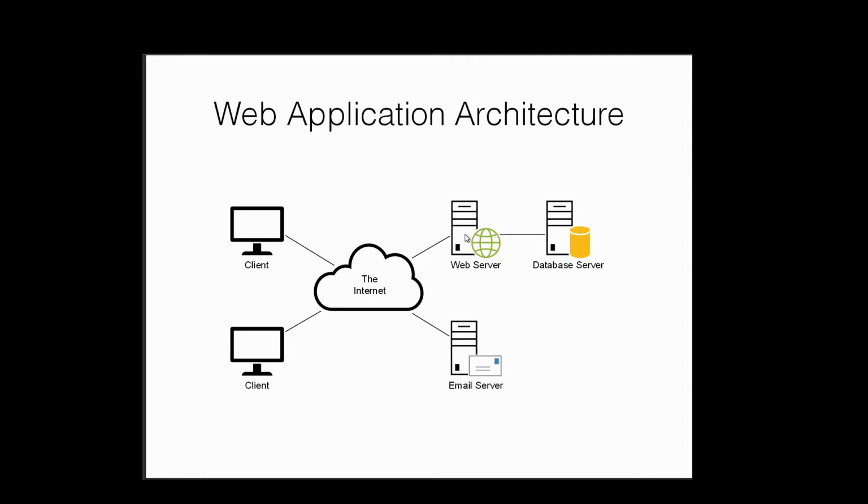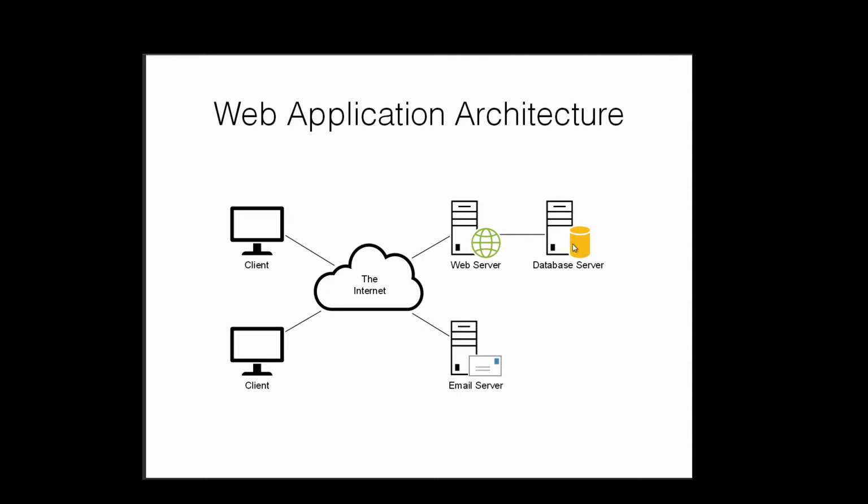Now, when you're building the type of web applications we're going to be building, they're going to be connected to a database. In a fully and properly designed architecture, we typically put the database on a separate computer, and we call that the database server. And you can see that here on the right.